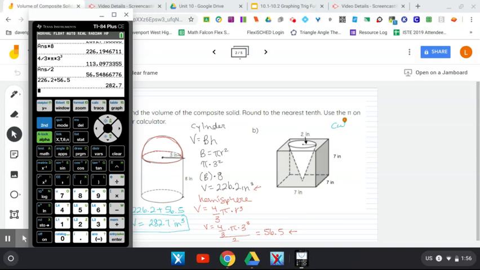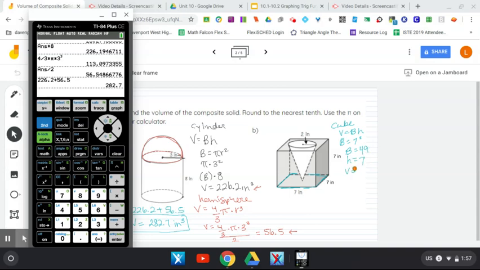The cube is a type of prism, so you'll do the area of the base times the height. If you're calling it a cube, then the shape of this base down here is a square. So we are going to take 7 squared, or you can just do 7 times 7. So the base area is 49, the height is 7.